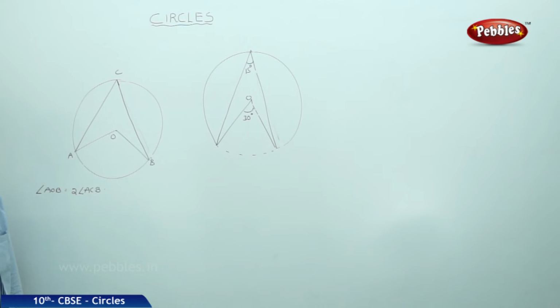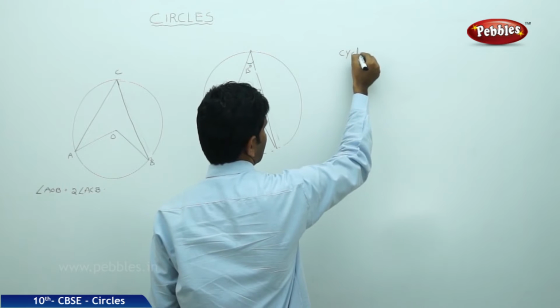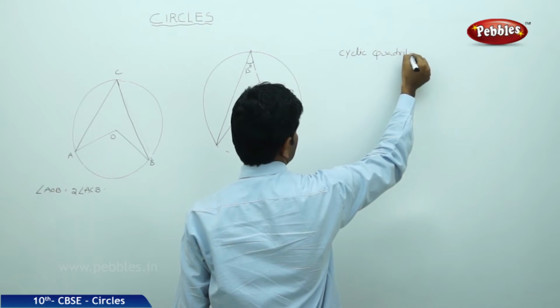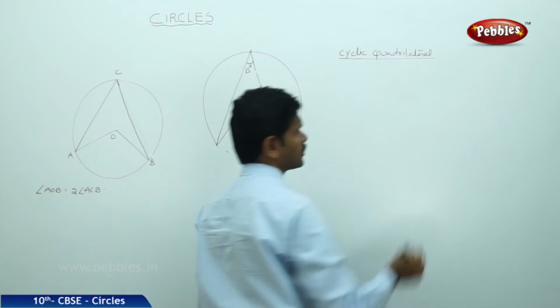And the next concept. What is meant by a cyclic quadrilateral?